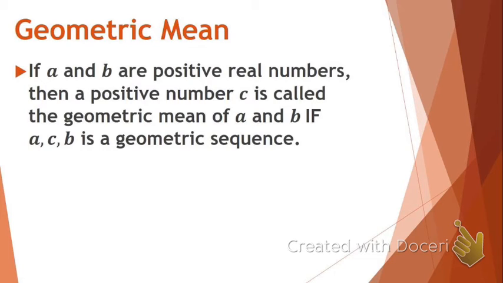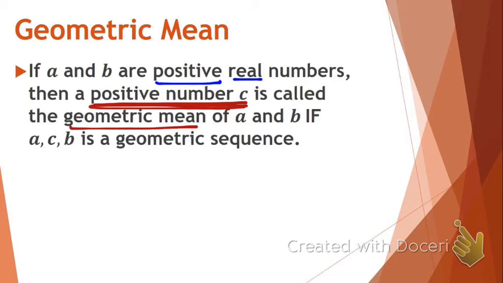Geometric means. The definition of a geometric mean is that if I have two numbers, A and B, and they are both positive real numbers, then the positive number C is called the geometric mean if A, C, B makes a geometric sequence.